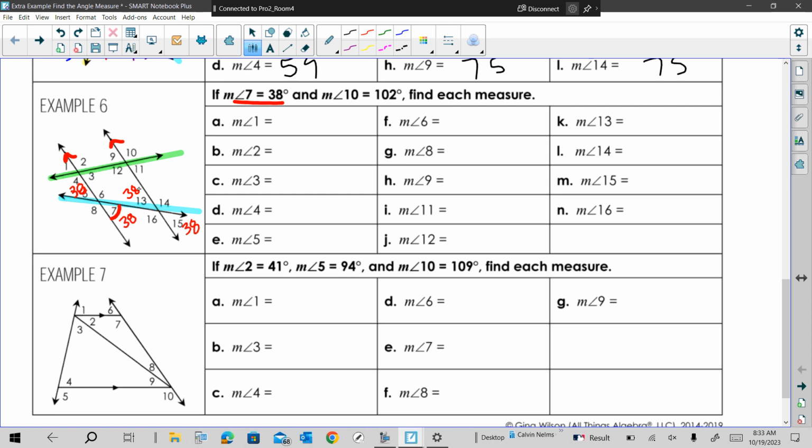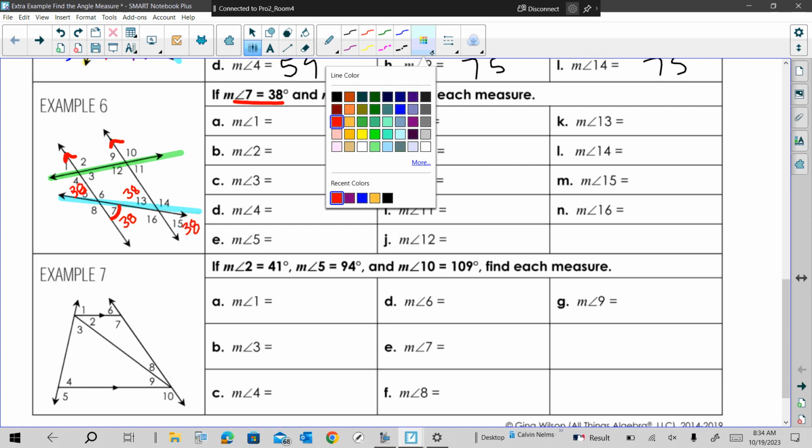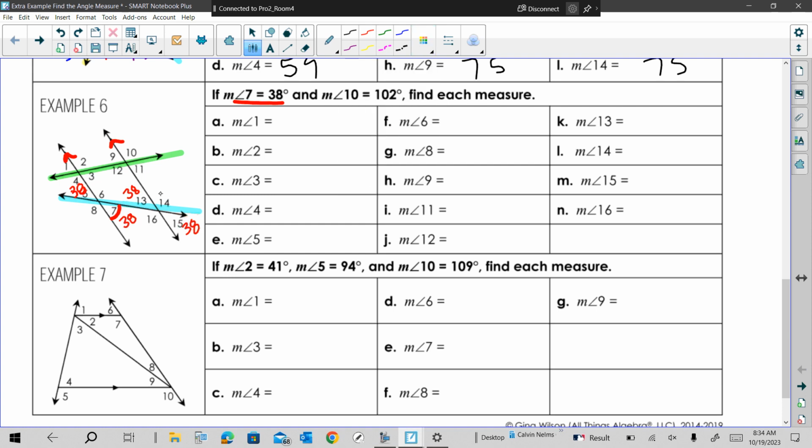All right, so these are all my angles that are 38. What are the measures of the remaining angles with that blue transversal? Yep, 142. Subtract it from 180. So that means 14 is 142. Who else? 16. Good. 6. Yep. 8.